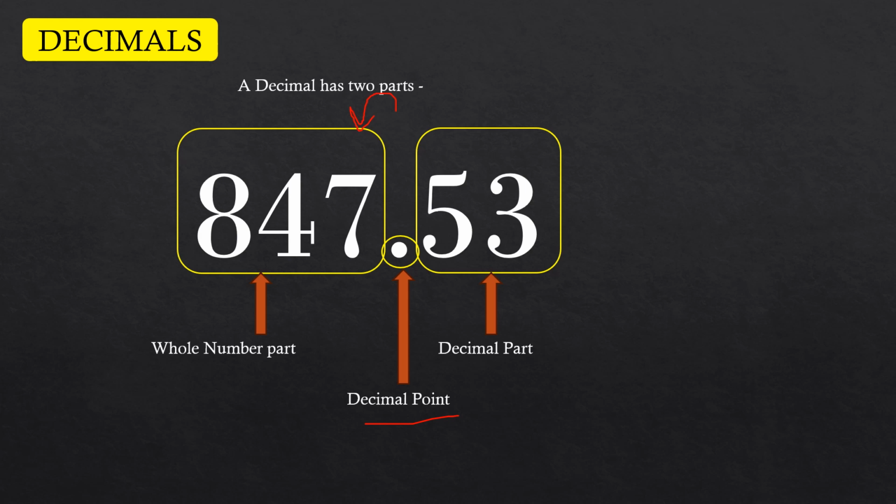Then the number after it is called the decimal part or the fractional part. In worksheets or question papers, if the question comes, the number after this decimal point is called dash. You can write decimal part also and the fractional part also. Both are same.